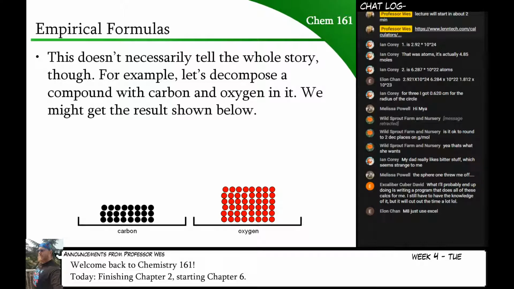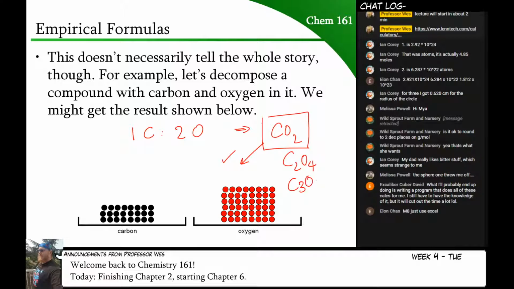So the ratio of these two things must be 1 carbon to 2 oxygen, or CO2. So carbon dioxide would fit this pattern. However, so would something that looks like this, or this, or this.